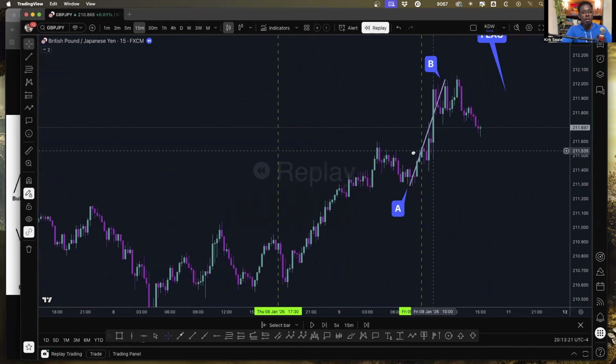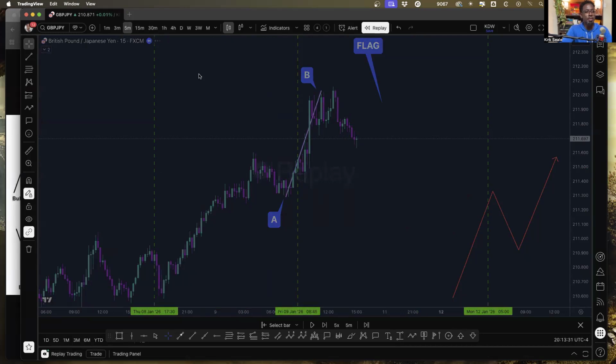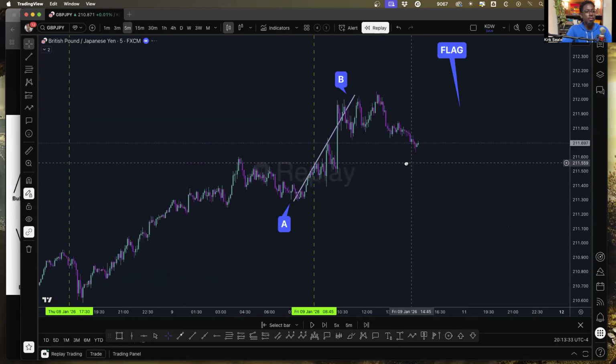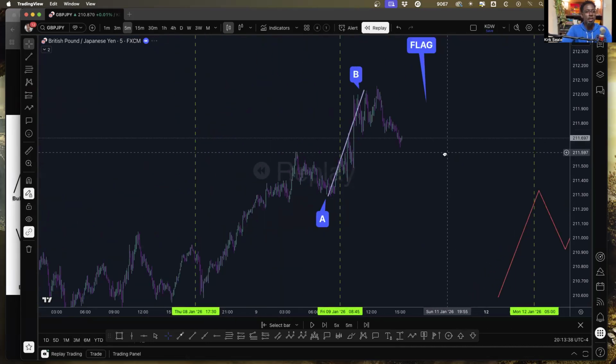All right. So in reality, if we were trading this, we started on the 15-minute, but we will probably go down to the 5 just so we can see what price is really doing. So we're going to do that. And this should allow us to see that up and down movement a lot clearer.